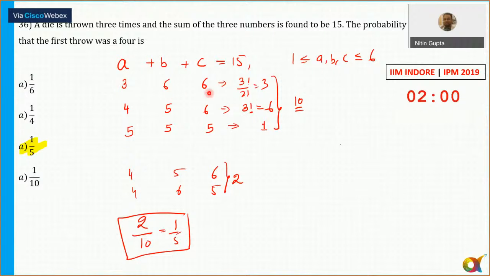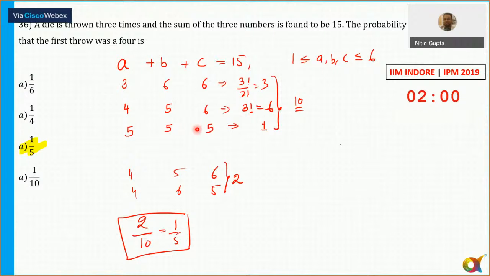But 3, 6, 2, 4, 6, or second is 6, third, maximum next, that is 4. In the factorial 3 ways, which is equal to 6.